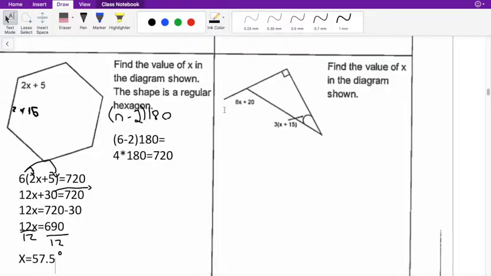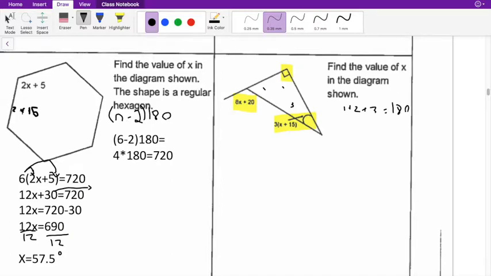So, take a look at this question. We have an exterior angle here and two interior angles. And if we remember, this angle here is equal to this angle plus this angle. To link this together, the three angles of the triangle, 1, 2, 3, 1 plus 2 plus 3, are going to equal 180.